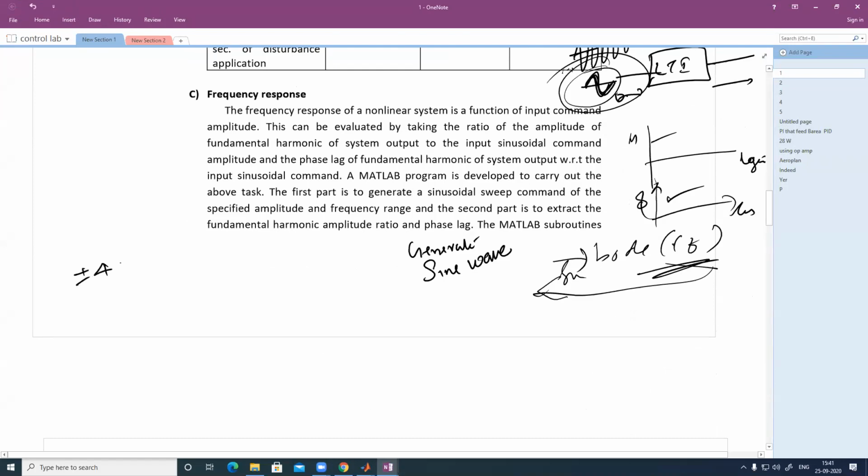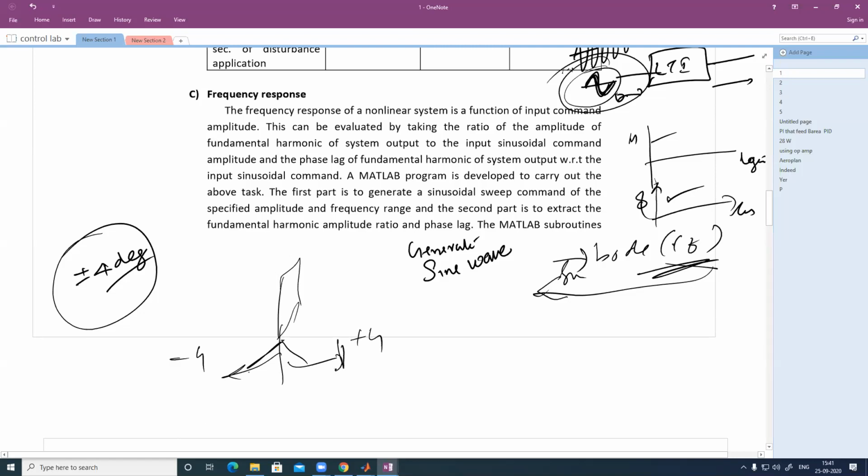Plus or minus 4 degree is the output requirement. So you have to apply the maximum voltage corresponding to 4 degree. Minimum is 0 and maximum is plus 4 and minus 4. This gimbal has plus 4 degree here and minus 4 degree here. So your maximum is plus 4 and minus 4, and 0 is minimum.